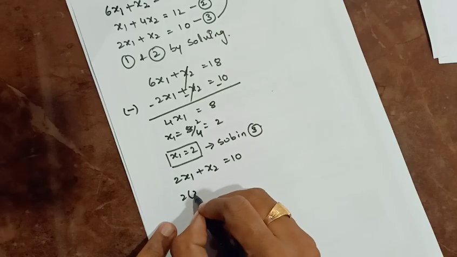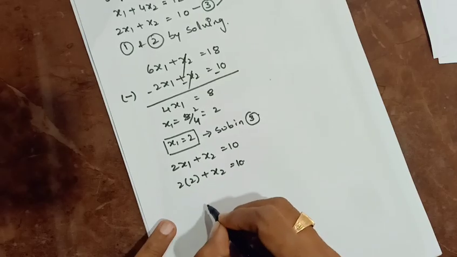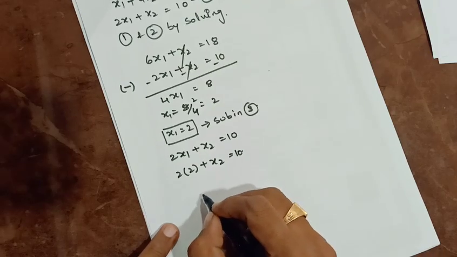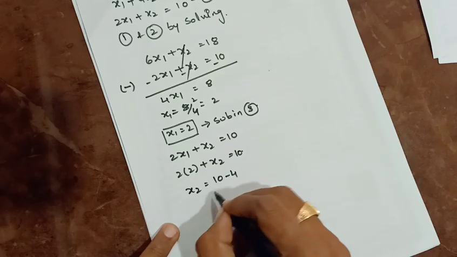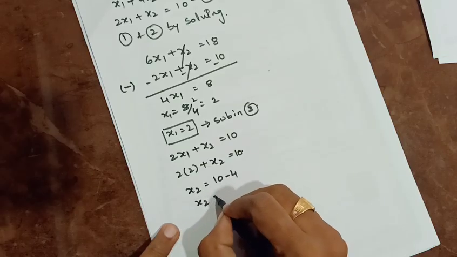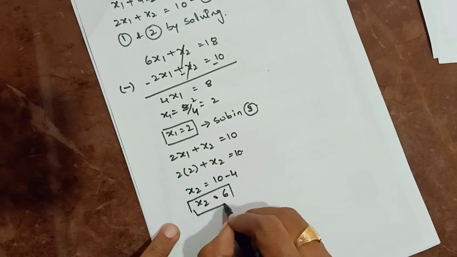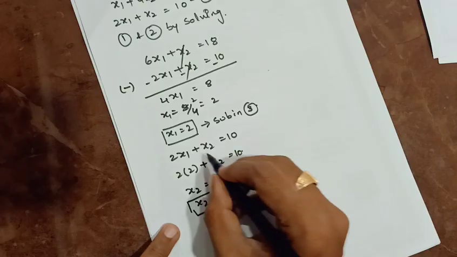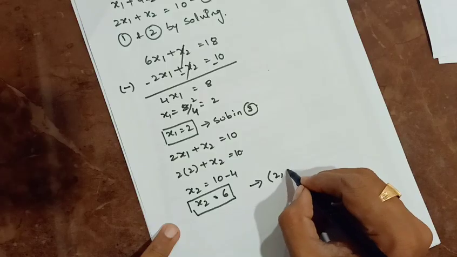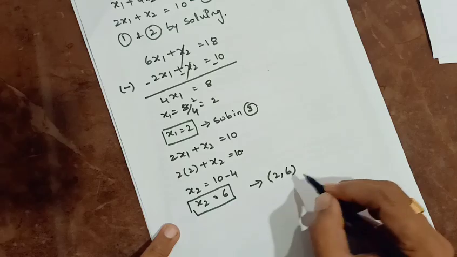So 2 into 2 plus x2 equals 10, x2 equals 10 minus 4, x2 equals 6. Now we got the coordinates: x1 is 2 and x2 is 6.